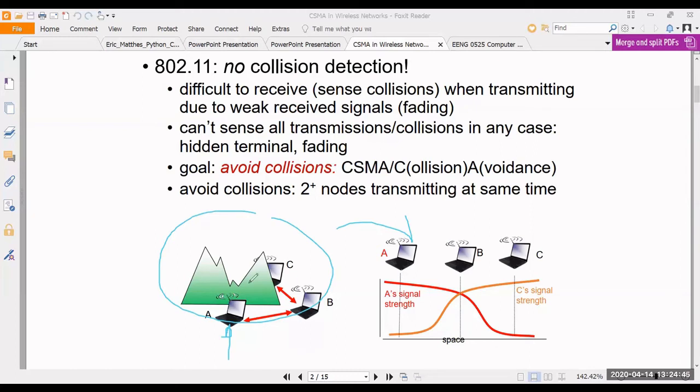The reason why A and C cannot communicate is the signal strength of the wireless medium. When you have a low signal strength, it means your communication distance in a wireless medium will have to reduce.